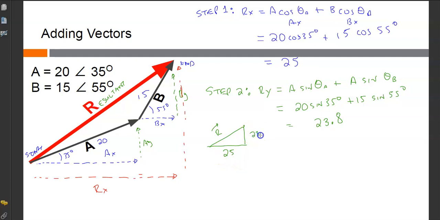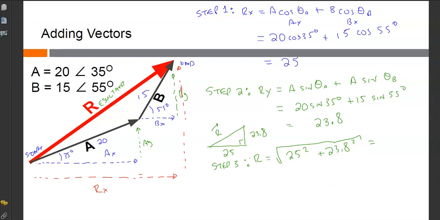And this is 23.8. And since I have two sides of a right triangle, it doesn't want to let me put in the right triangle right there, but ha! I tricked it. I can come through and do step 3 and do the Pythagorean theorem. And I just use these two numbers, I got 25, don't forget to square it, 23.8, square that.